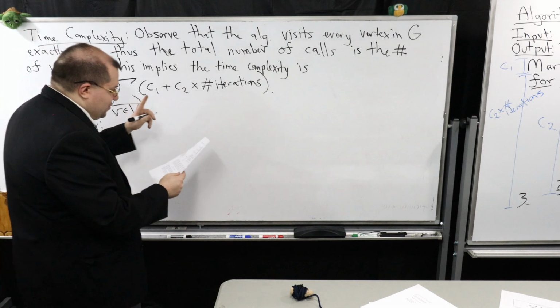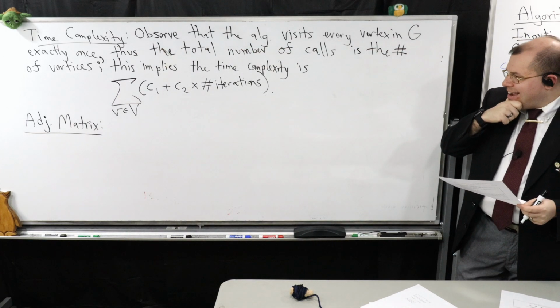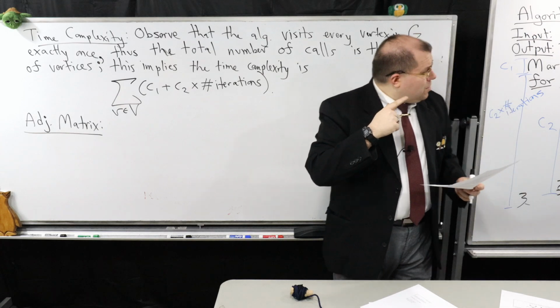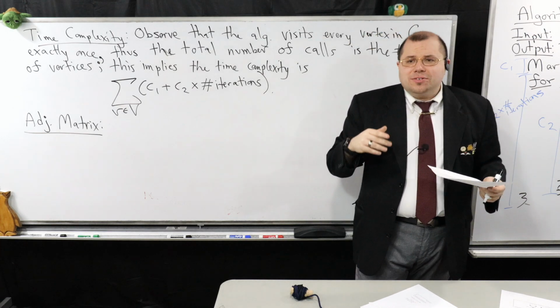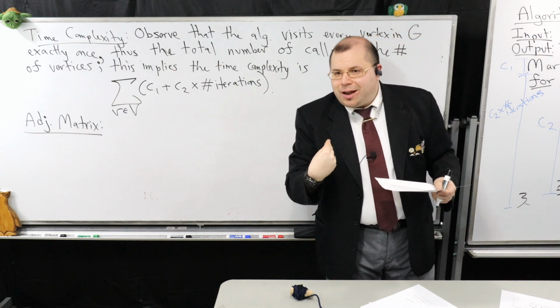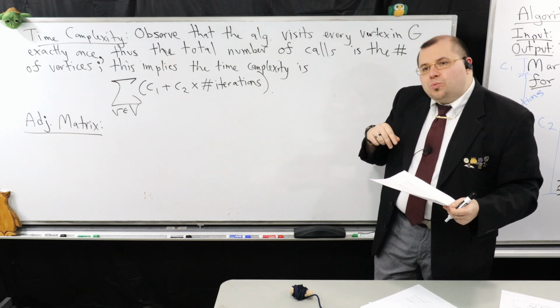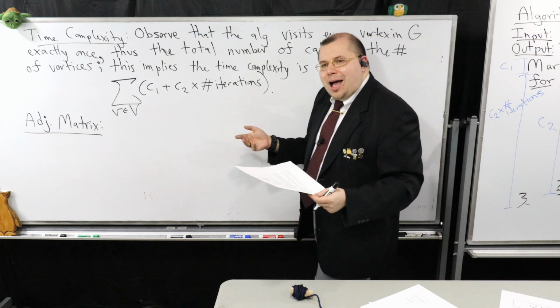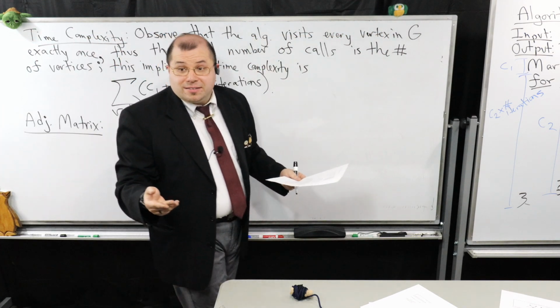So the adjacency matrix. I want you to recall, when I go through that loop, what does it do? It goes through each edge that's incident on my vertex, vertex U. But do you recall how long it takes to compute the incident edges on an adjacency matrix?